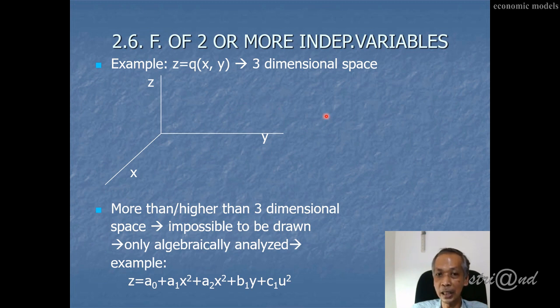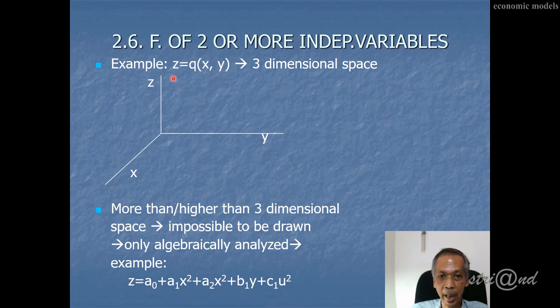The first space is for the cost at the vertical axis, and the second space is for the horizontal axis, which is the quantity. But we can also add one more variable here.